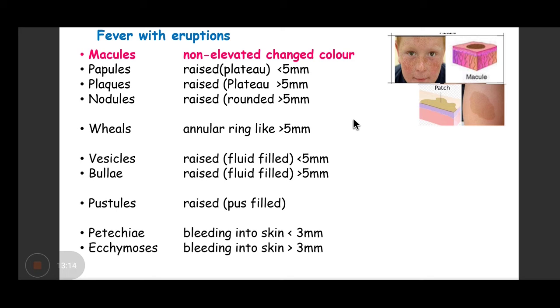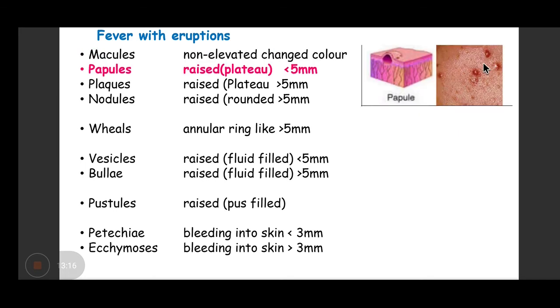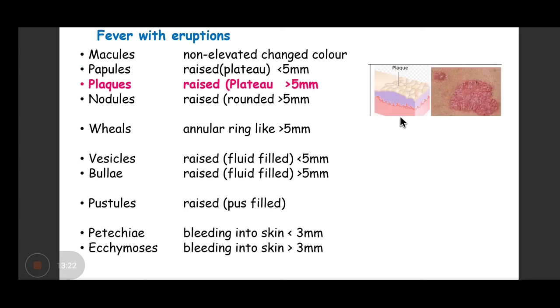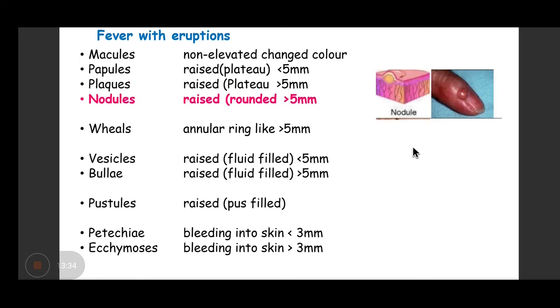Papules are raised and small; when they are less than 5 millimeters we call them papules, and when they are more than 5 millimeters we call them plaque. And if the papules are rounded, then we call them a nodule.